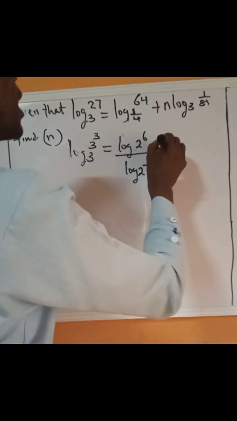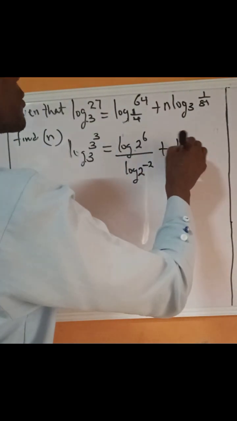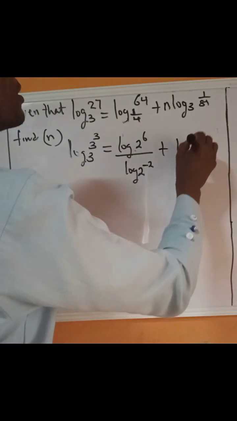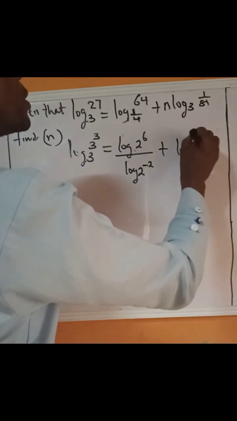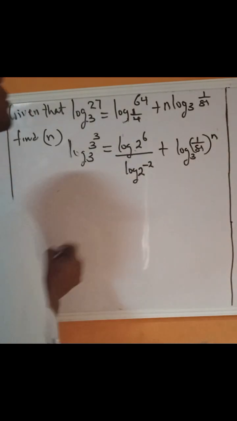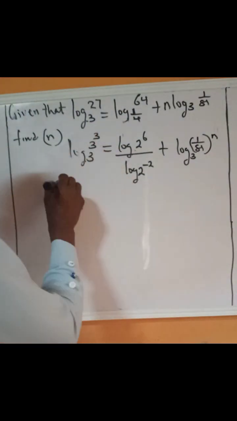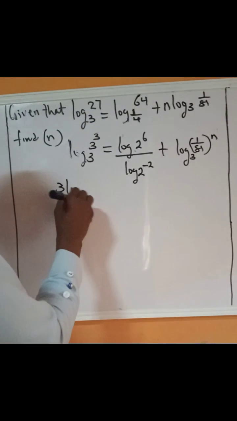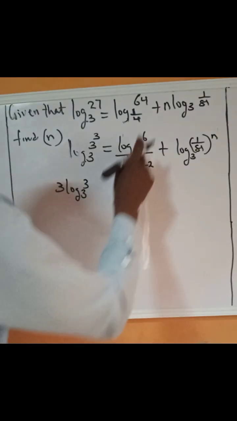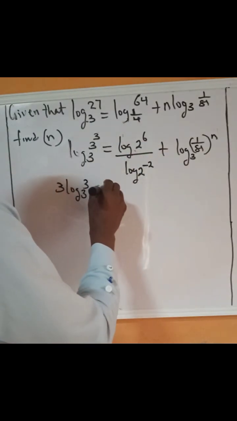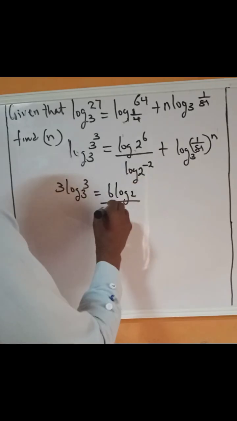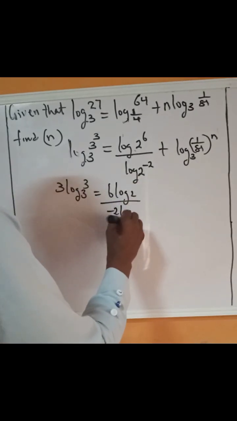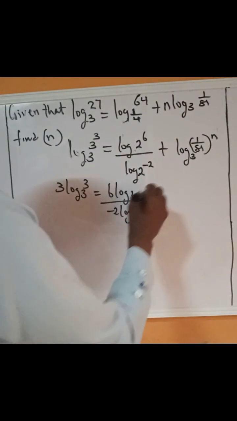Then from there we have log base 3 of 1 over 81, raised to power n. Now from there, this is 3 log 3 base 3. Then this will be equal to 6 log 2 over minus 2 log 2, which is plus.